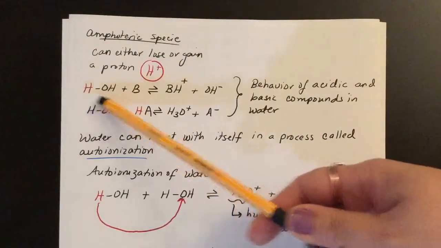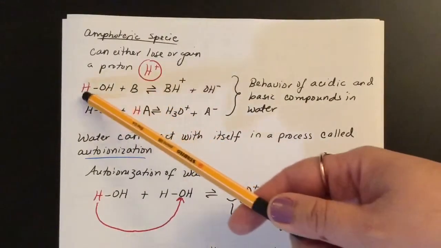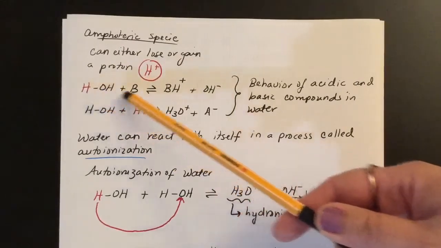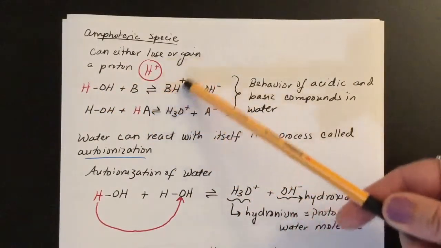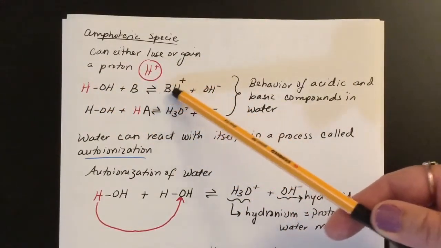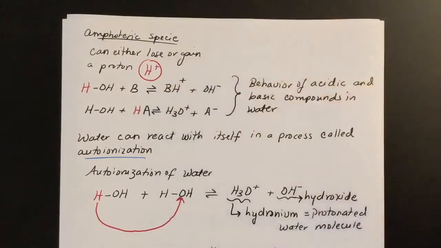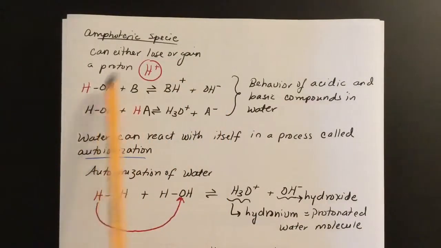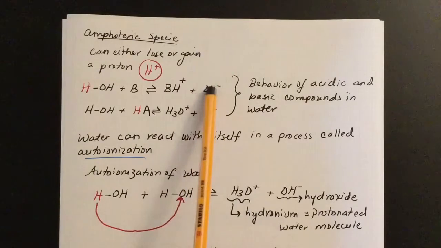So I have here my water molecule with a base. So your water molecule, if it's mixed with a base, it will be acting as an acid, donating the proton. To give you here your conjugate acid, the base plus that proton is your conjugate acid. And then here you have the negative part of your acid, which is the hydroxide. That will be the conjugate base.